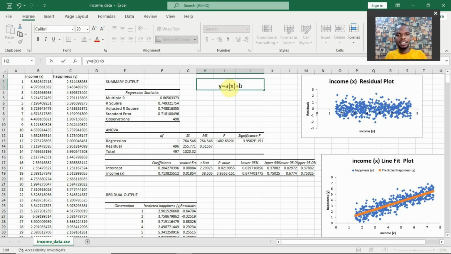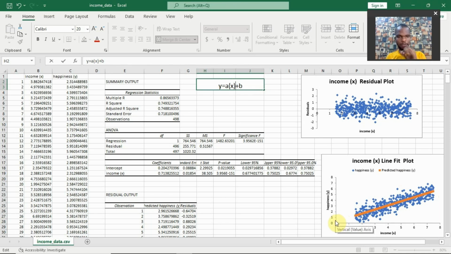Your a is the gradient of the line of best fit, while your b would be your intercept on the y-axis.